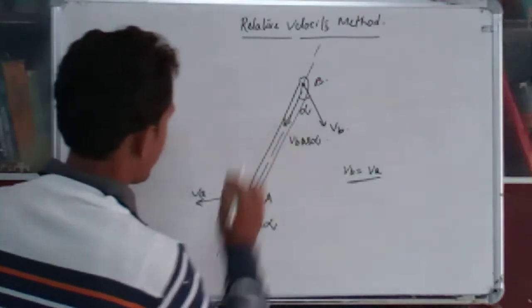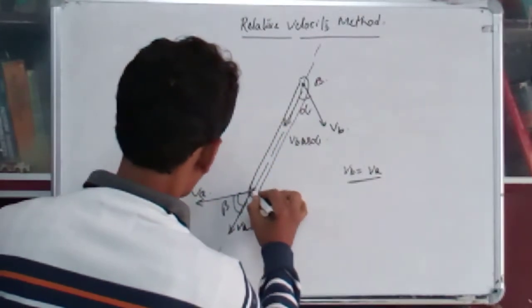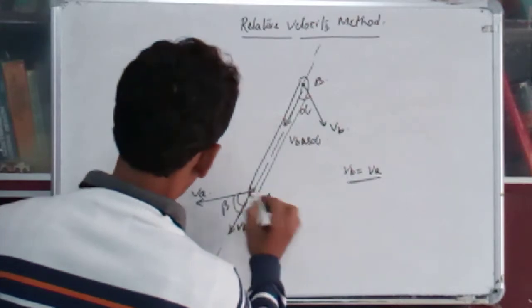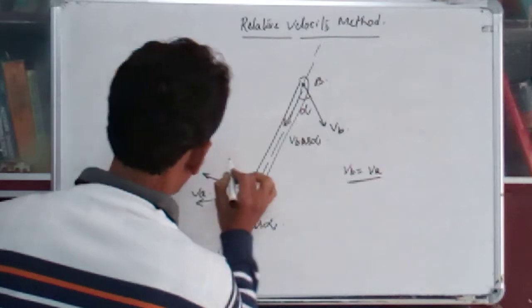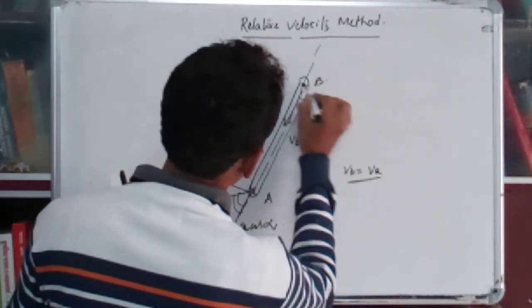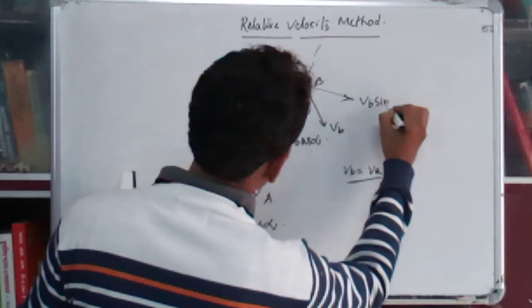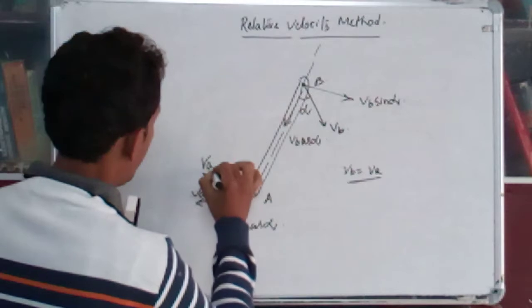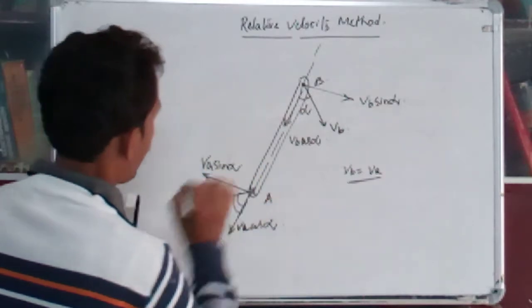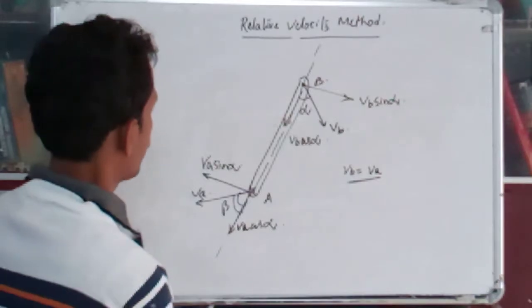Now if you take another component, VB sine alpha, VA sine alpha. So we consider another component.